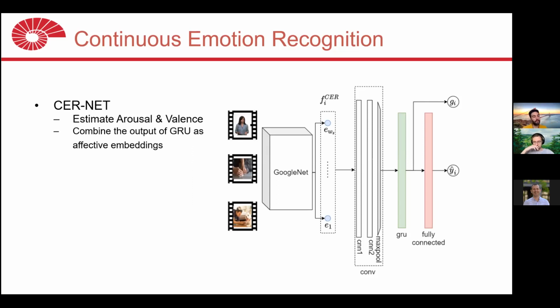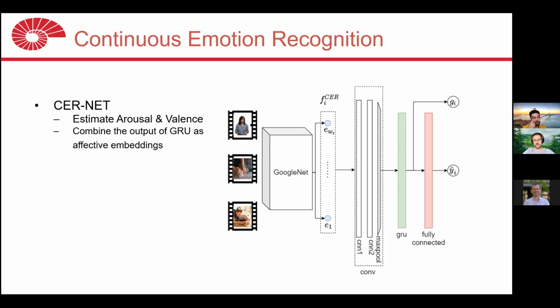But what we are doing is extracting the output of the pool5 layer and treating it as visual features to regress the arousal and valence. After we create this sequence of window of features for the time of interest, we pass them into a couple of convolutional layers, and then a GRU layer to follow the sequential nature and also the longer dependencies.